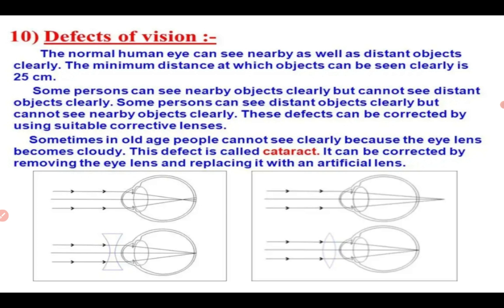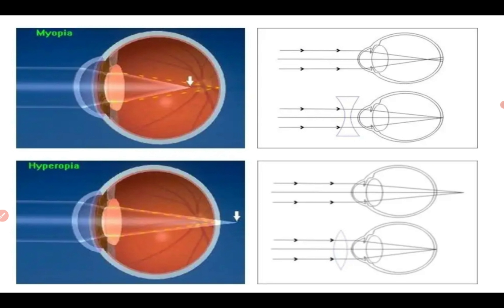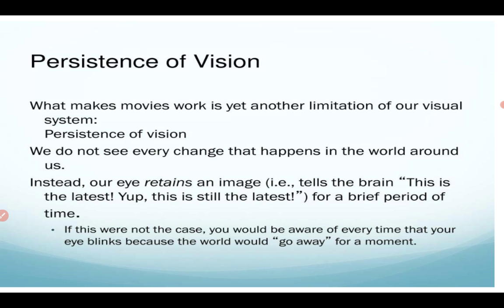The reason is that the image forms behind the retina, and for the correction of this, the doctor provides us spectacles made of convex lens, and by this we can correct the problem. Here you can see the figure given for myopia. The first figure is the problem, the second is the correction. Second, hypermetropia. The first figure is the problem and the second figure is the correction.